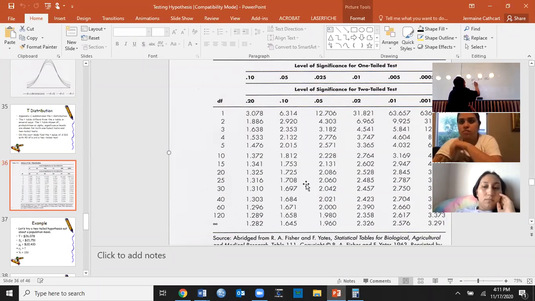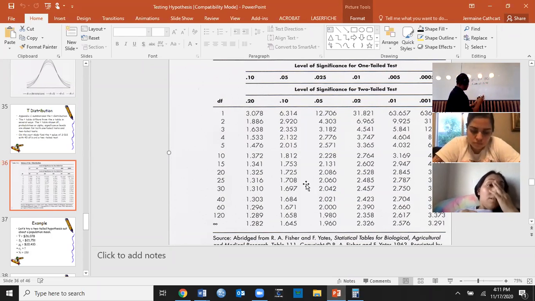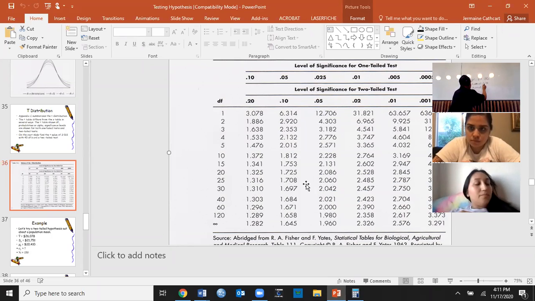If we were to have actually calculated all that, it'd be negative 2.90. Now our T critical, which is the critical value that we need in order to reject at the 0.05 alpha level, is 1.645.